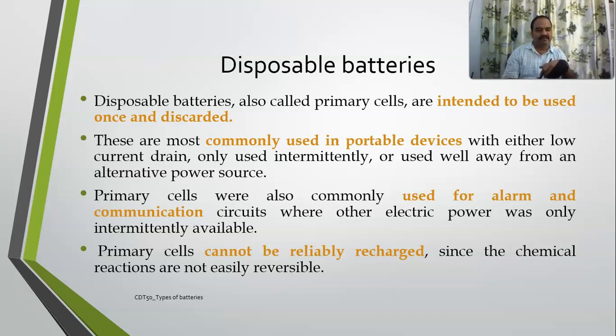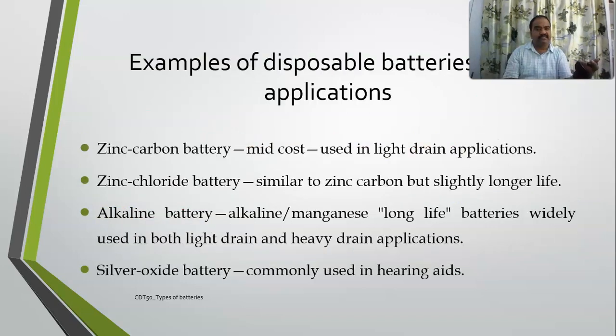They are generally used for communication also, and for portable devices. And keep in mind, they shouldn't be recharged because the chemical reactions are not reversible in the case of disposable batteries. You can find so many types of disposable batteries in the market.